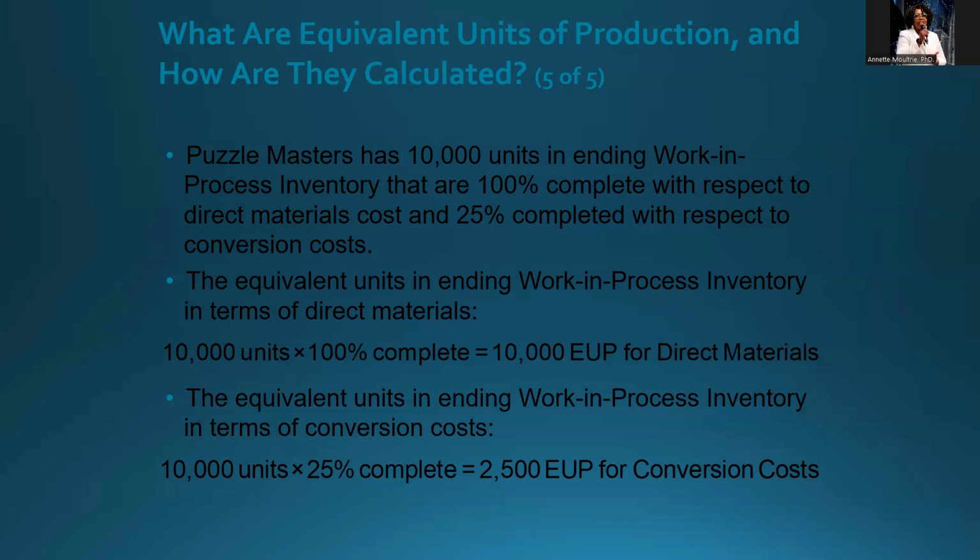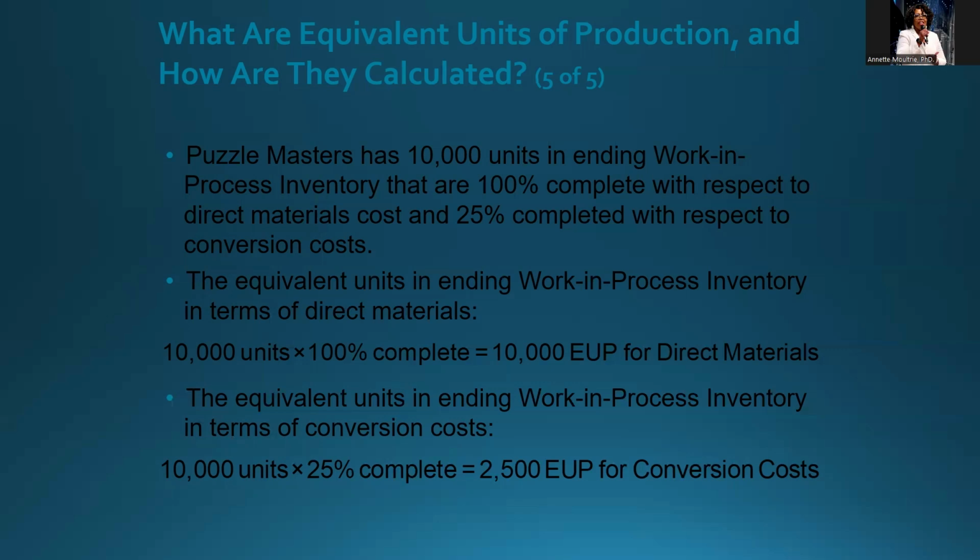So when expressed in terms of EUP, or equivalent units of production, the 10,000 partially finished units account for 10,000 EUP for direct materials and 2,500 EUP for conversion costs.